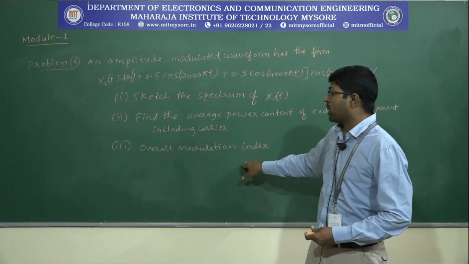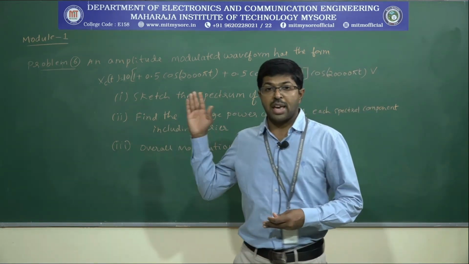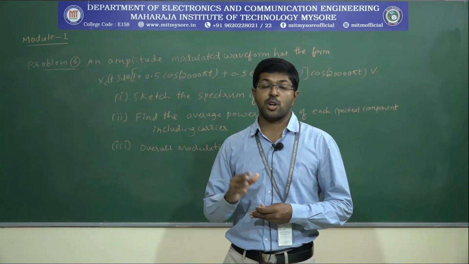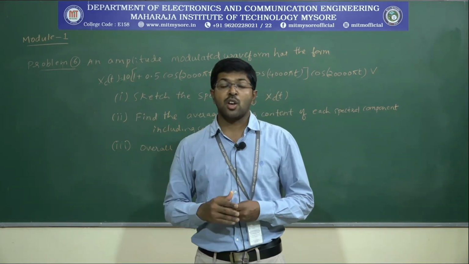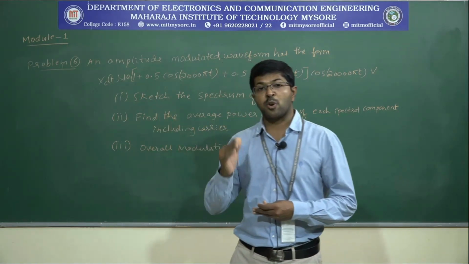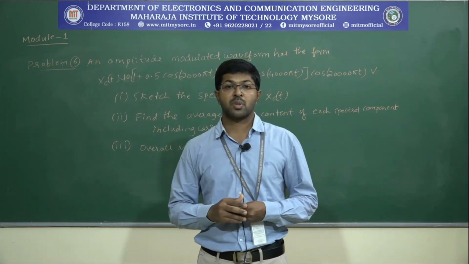After that we need to find the overall modulation index. So I leave it as a homework problem for you. Try this problem, and in the next session we will solve it. Before that, I hope all of you will try and come up with answers. Thank you.